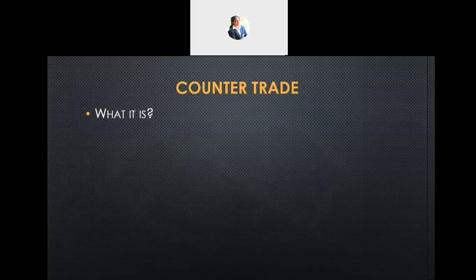This counter trade is divided basically into three kinds. That is barter, counter purchase, and offset. These three are the types of counter trade.